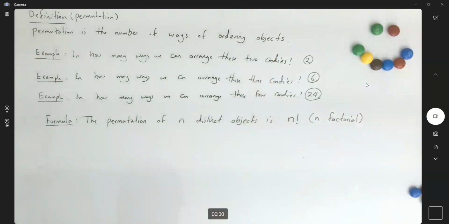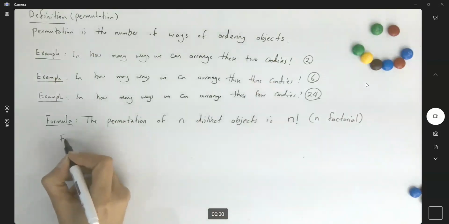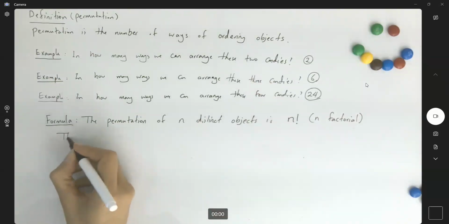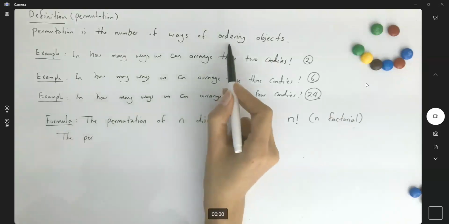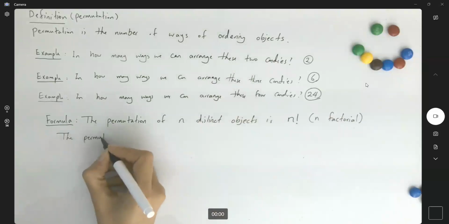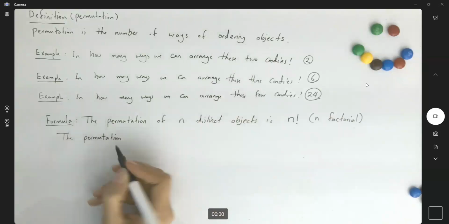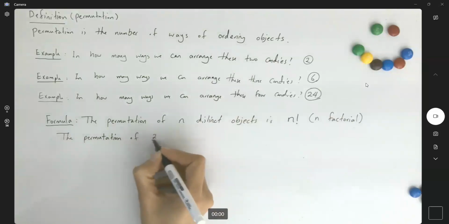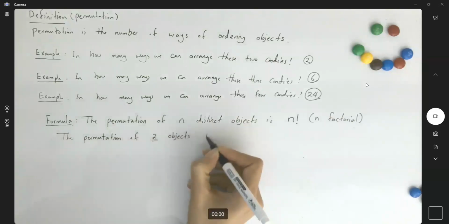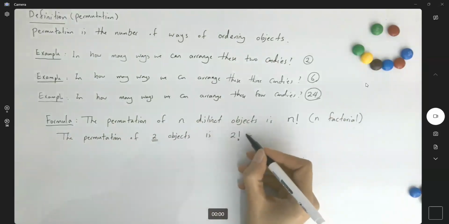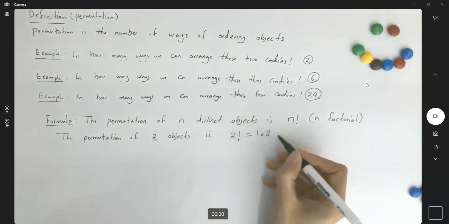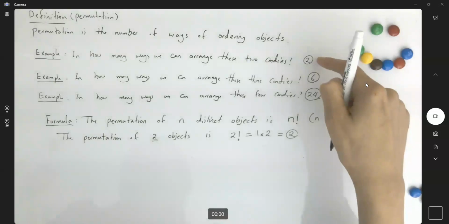So let's take a look at these previous examples that we did. If you have two objects, the permutations of two objects, or arrangement of two objects, or ordering of two objects, we are learning some new terminologies, of two objects is 2 factorial. So how do I calculate this? 2 factorial is 1 times 2, which is 2, as we saw here.